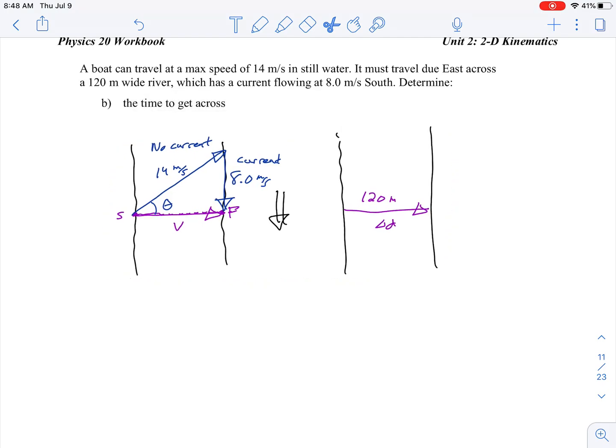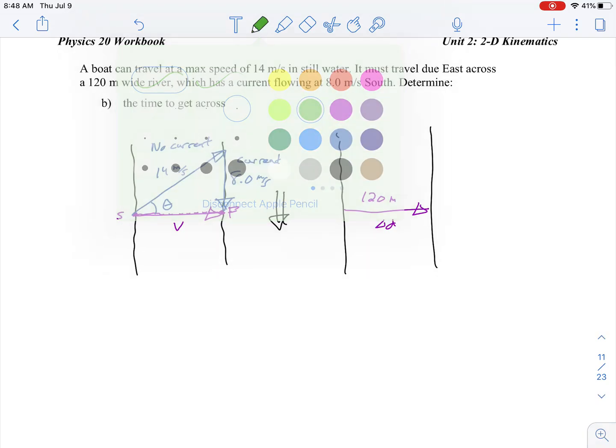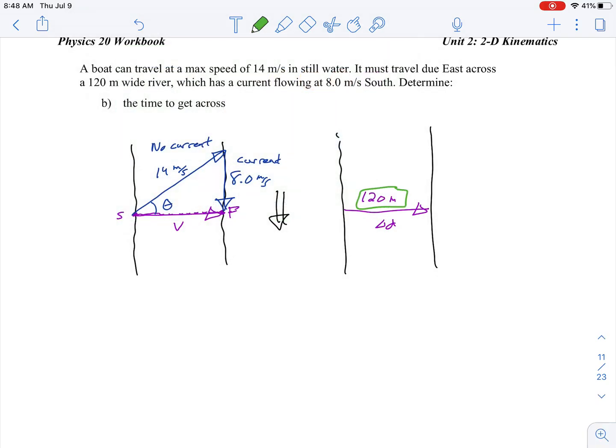Well, can you see that if I'm going to use v is equal to d over t, I have no choice but to use the 120 meters for delta d, which means I have to use v. They have to be going in the same direction. So remember, I'll just make this clear. If I'm going to use this horizontal distance for d, I have to use the horizontal speed for v is d over t. So I've got to find v first.